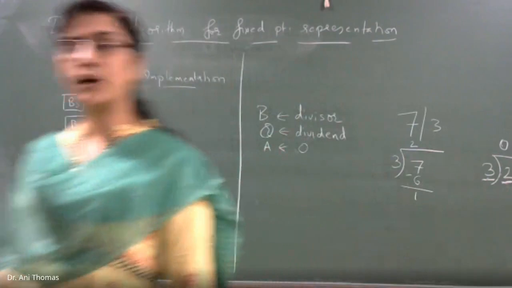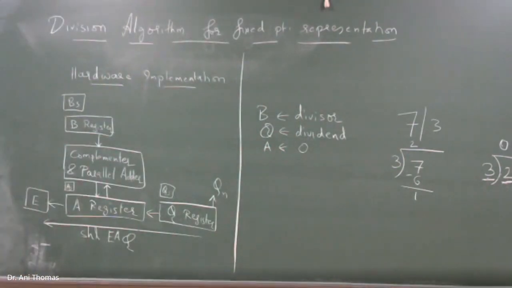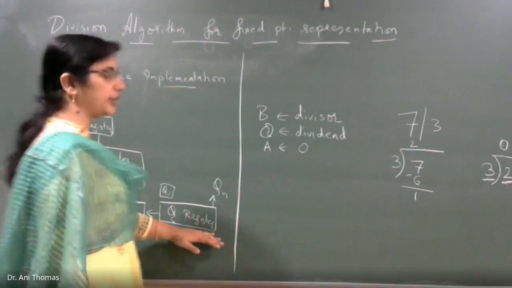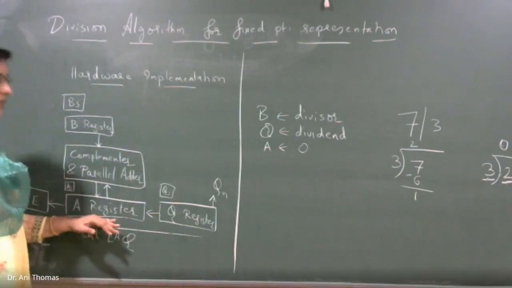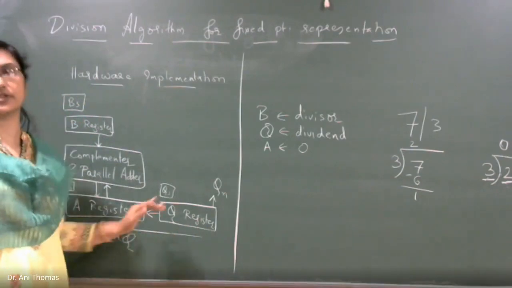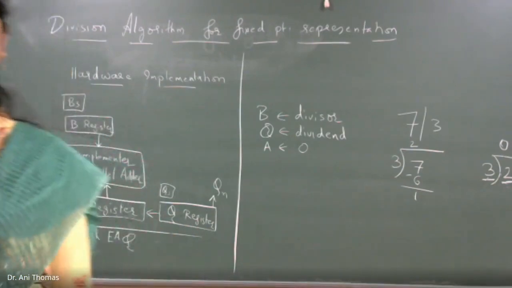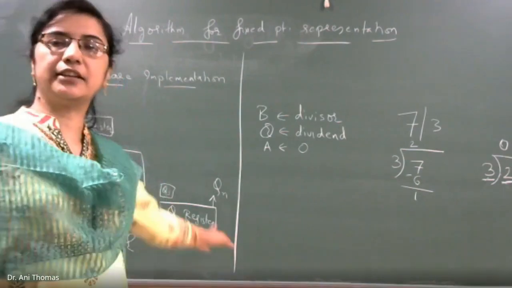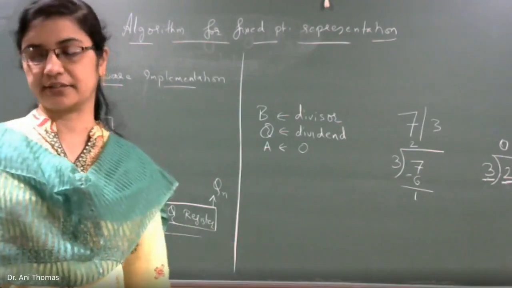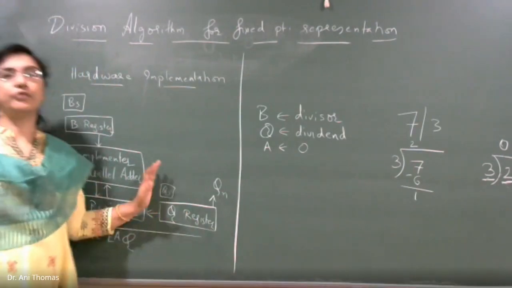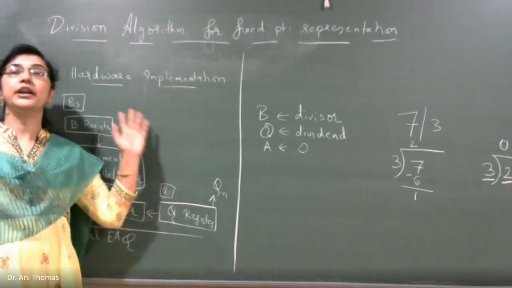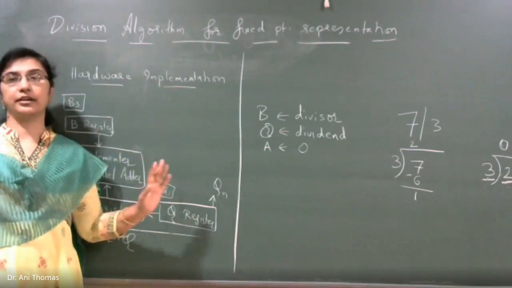Once we complete this implementation, we get the quotient in the Q register and the remainder in the A register. So this is how it happens inside the ALU for the division algorithm for sign magnitude representation.